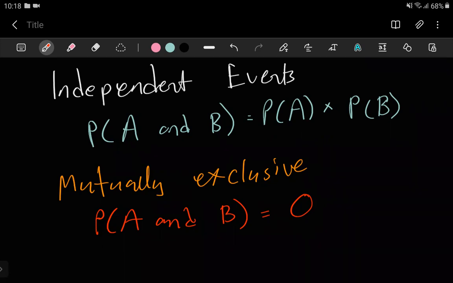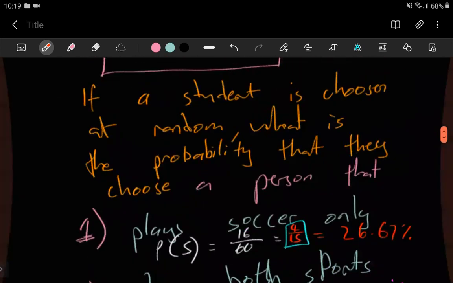For mutually exclusive events, it's the same thing. If you're checking whether events are mutually exclusive, then you need to have the probability of A and B, whichever way you find it. And then you need to see if that number is zero. If that number is zero, then yes, you're dealing with mutually exclusive events, meaning the two things cannot happen at the same time.